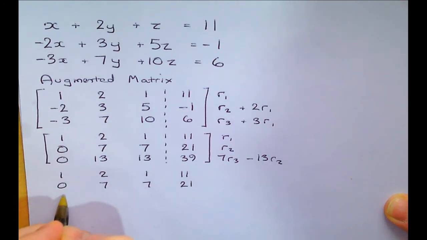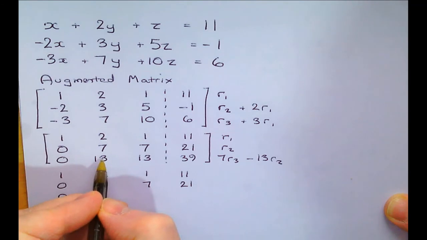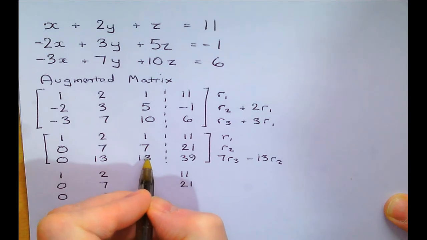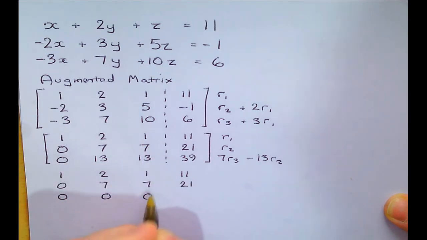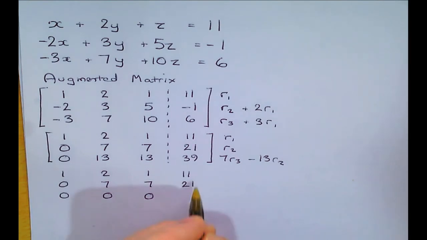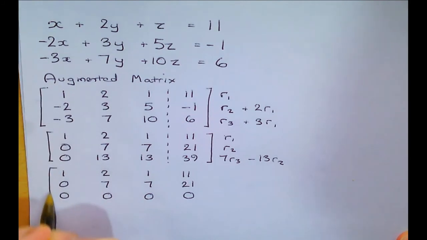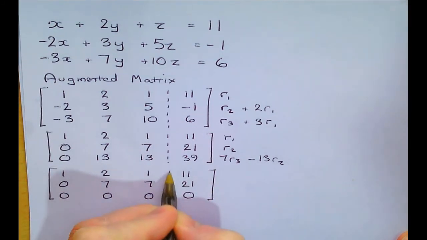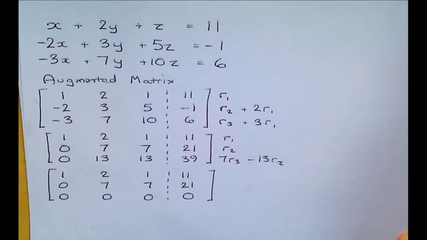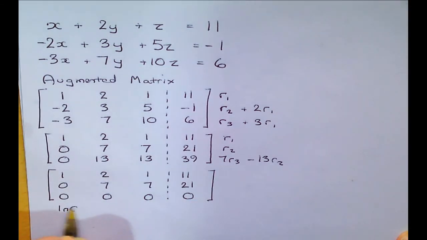We'll have 0 here. 7 times 13 minus 13 times 7, and again, 7 times 13 minus 13 times 7. 7 times 39 minus 13 times 21. That's 273 minus 273. It gives us 0. We note now our bottom line is all zeros, so we will have an infinite number of solutions.